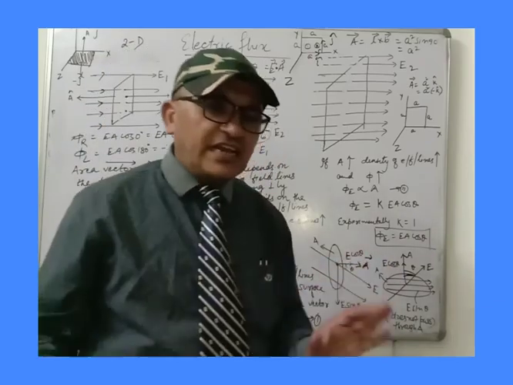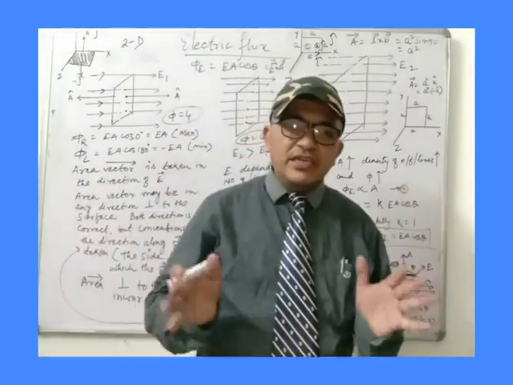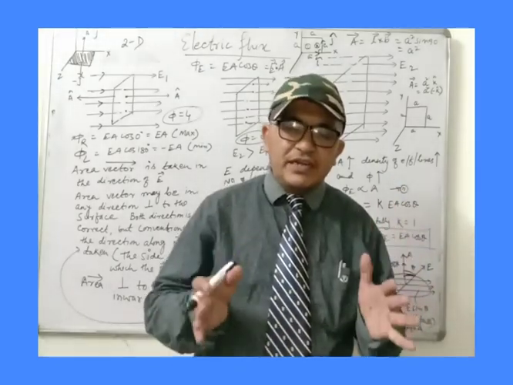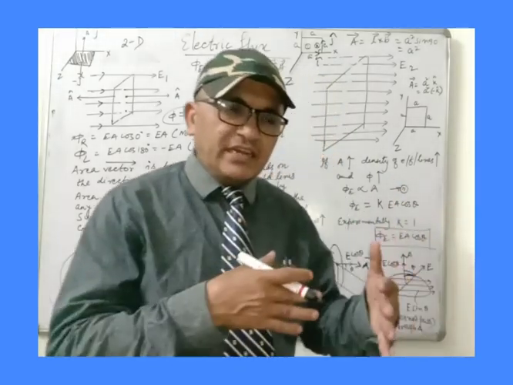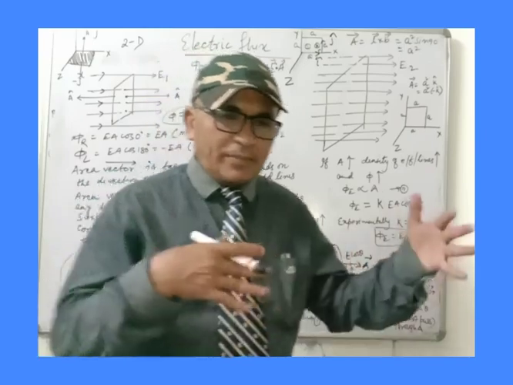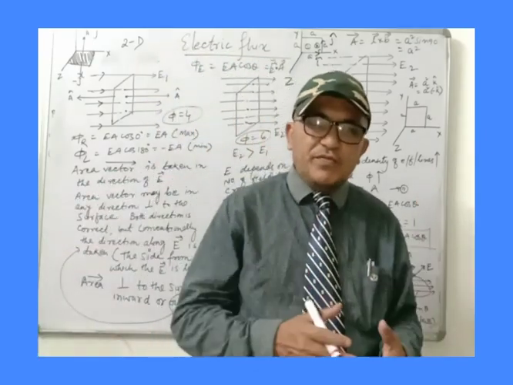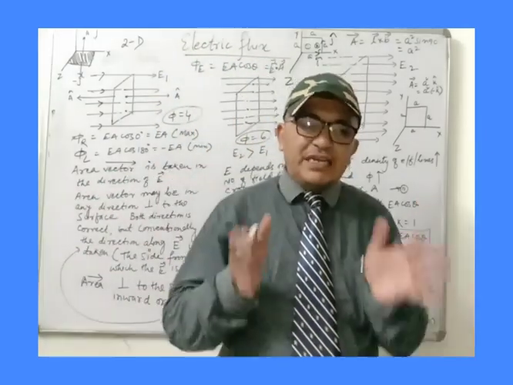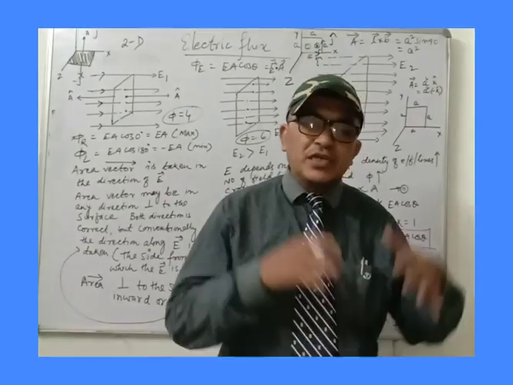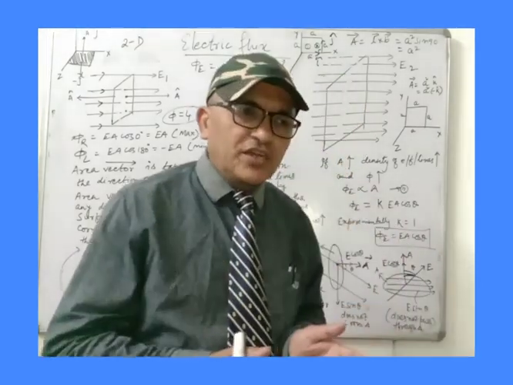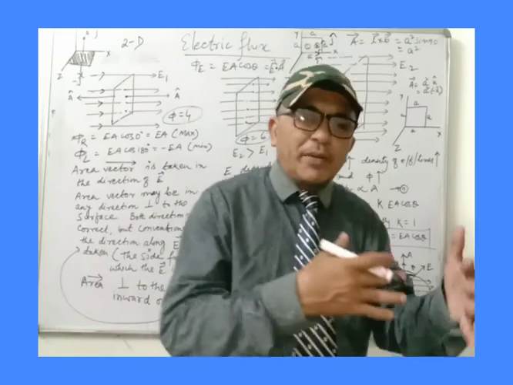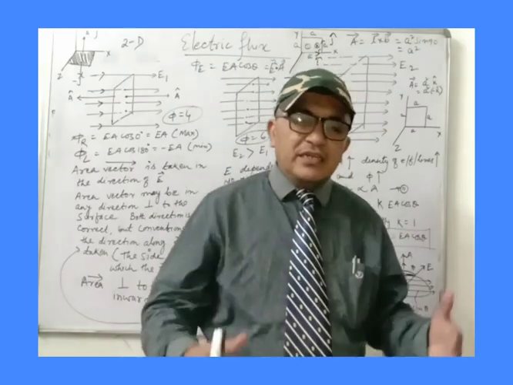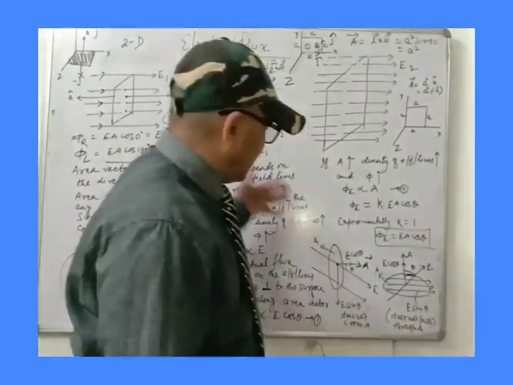So have you realized now that only the perpendicular electric field crossing an area will be responsible for electric flux, and if the electric field is not perpendicular to the surface, we have to take the component of that electric field along the perpendicular direction, and then we will get the flux.